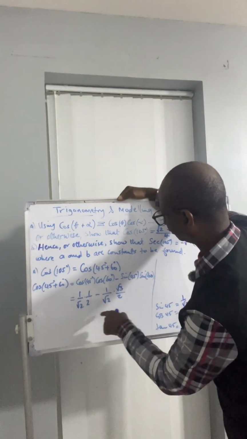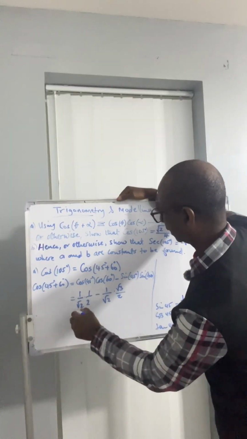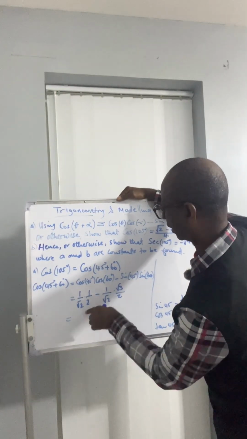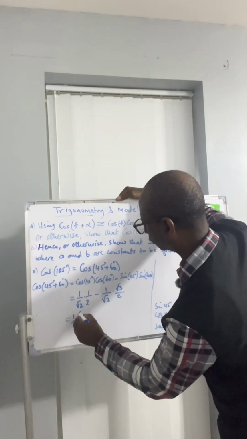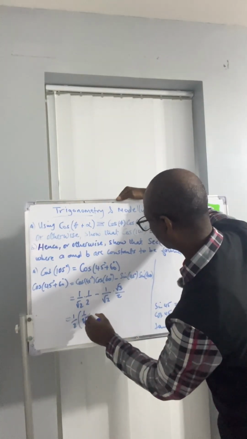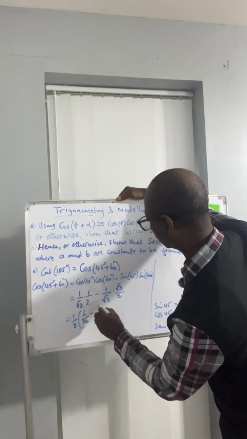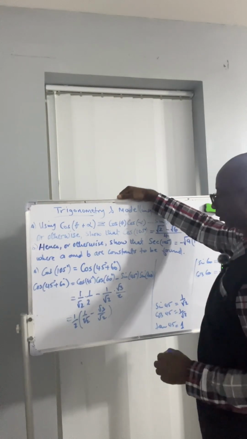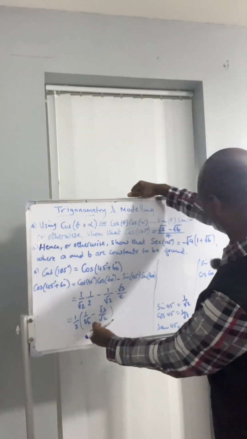So now, still let's take our 1/2 out. So what you have now is 1 all over root 2 minus root 3 all over root 2. Correct. So rationalize the denominators.